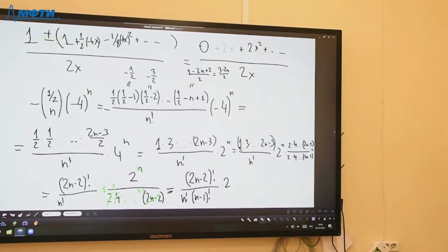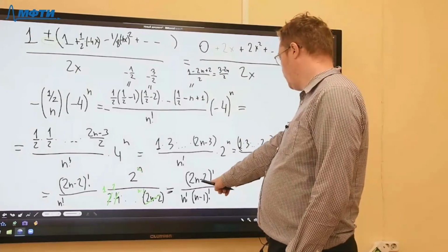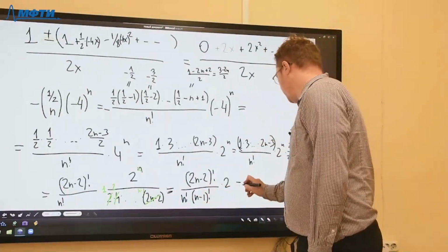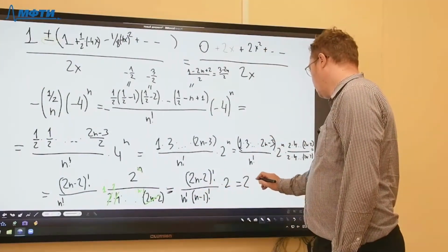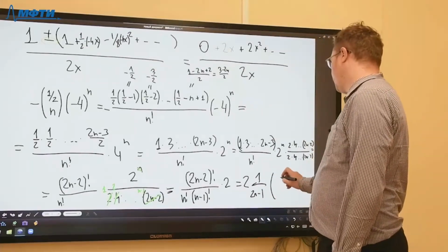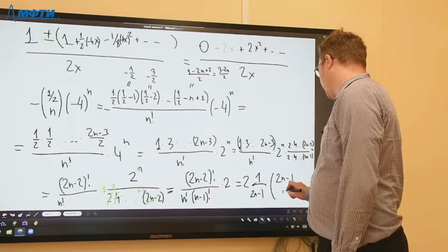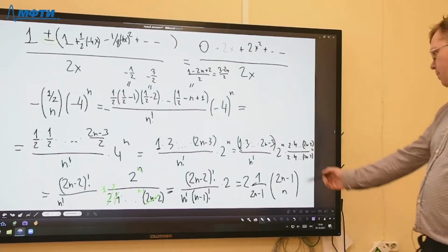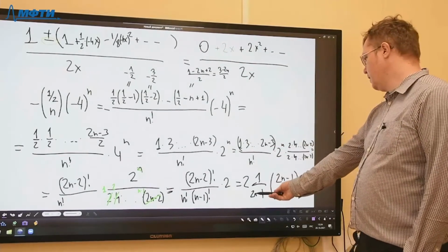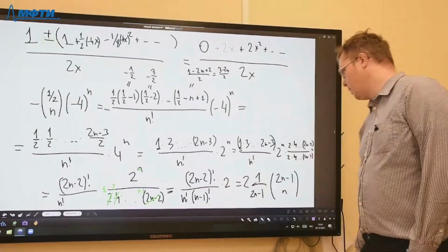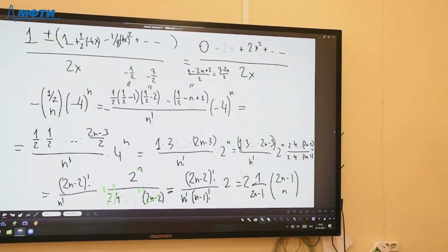Is it right? The sum of these is 2n minus 1 factorial. So here we'll have 2 times 1 over 2n minus 1, the binomial coefficient of 2n minus 1 over n, because we can multiply and divide by 2n minus 1.